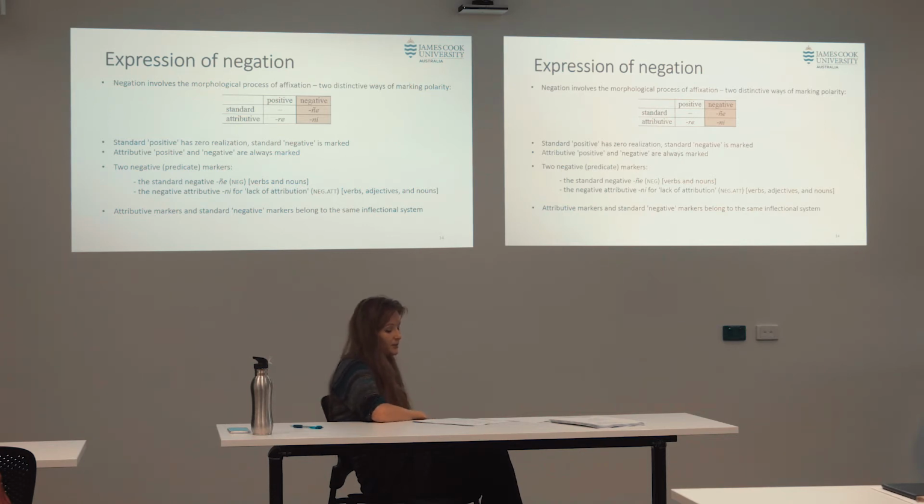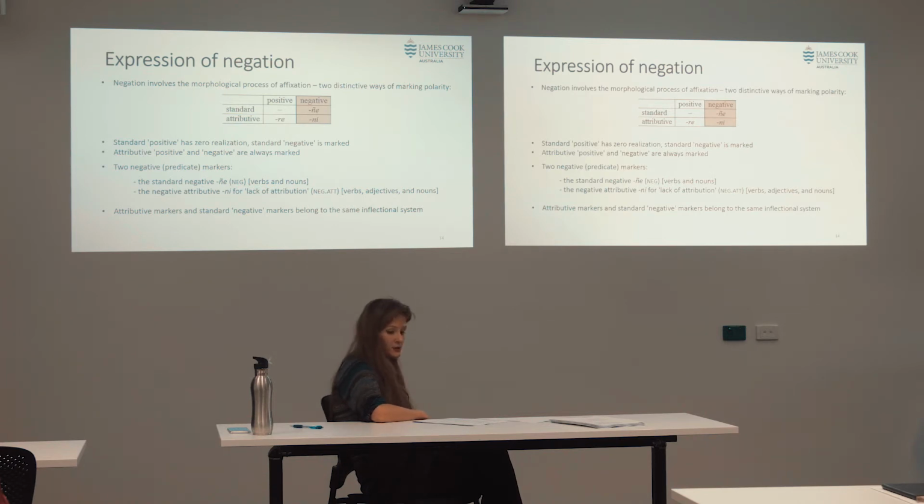The standard positive is always formally unmarked, with a zero realization, and the standard negative is always marked. Both attributive positive and negative are always marked. In terms of negation, Murui has 2 negative predicate markers. We have the standard negative marker nie, and the negative attributive marker ni.